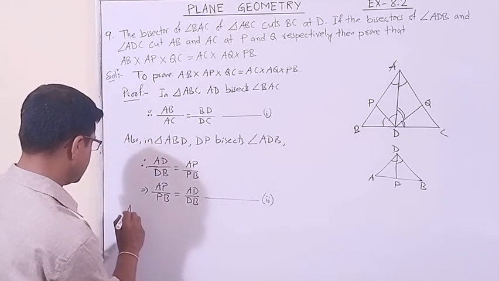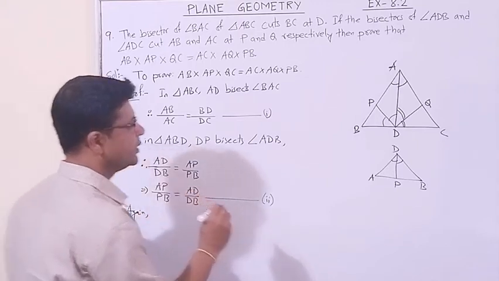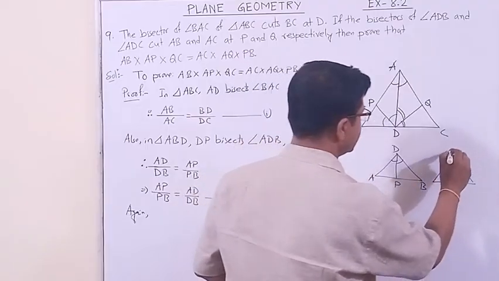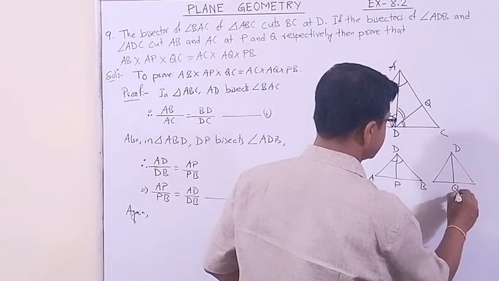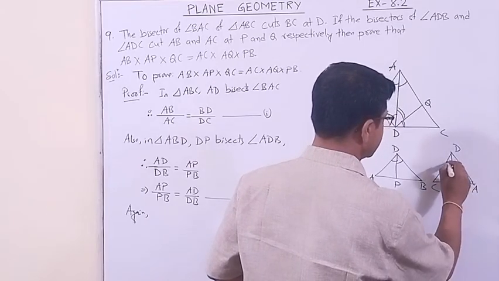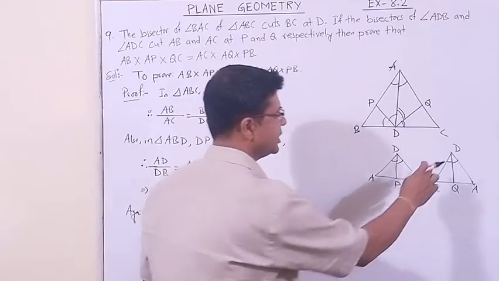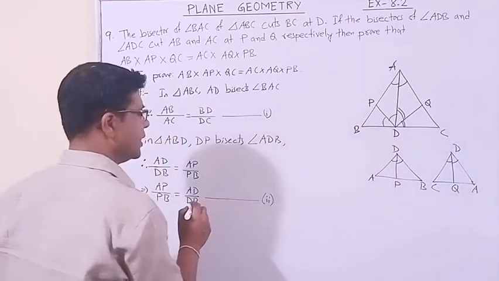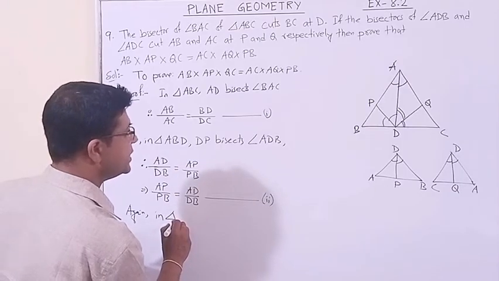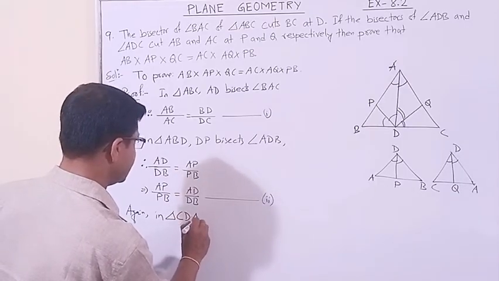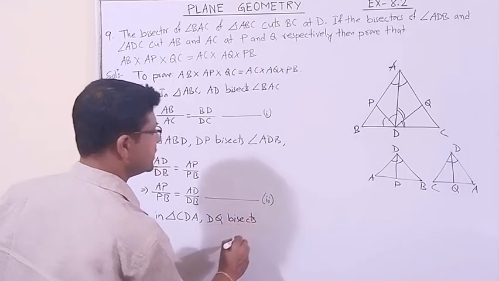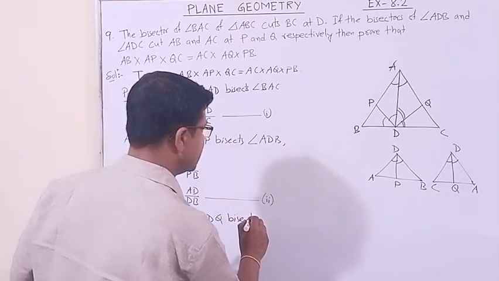Again, one more is there. What is that? In this triangle, DQ bisects this angle, which is angle CDA. That means this by this equals this by this. Again, in triangle CDA, DQ bisects angle CDA.